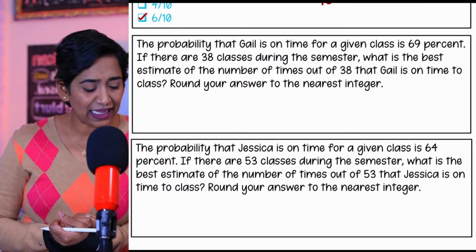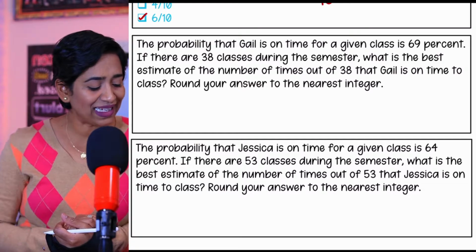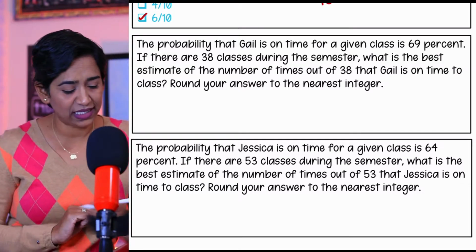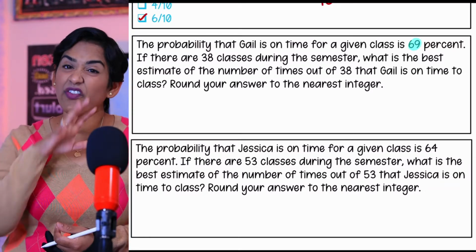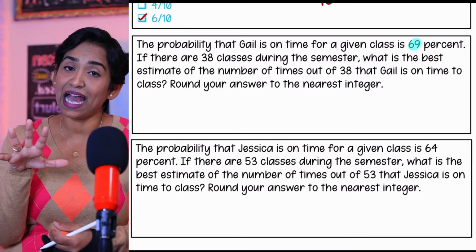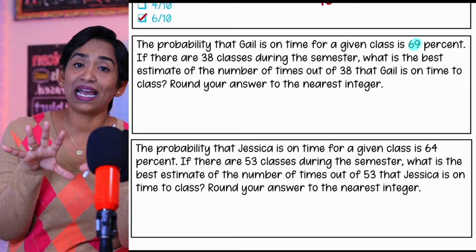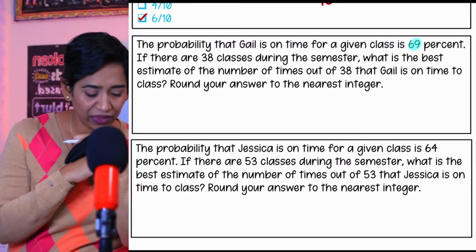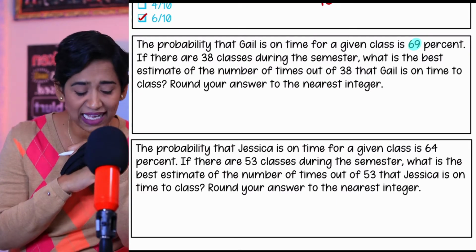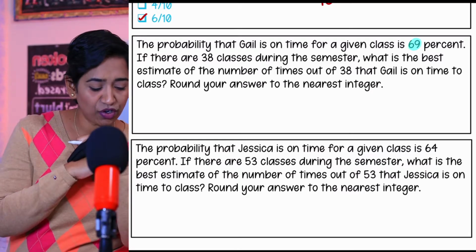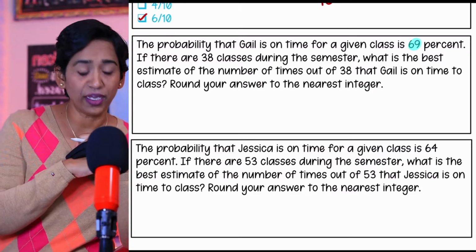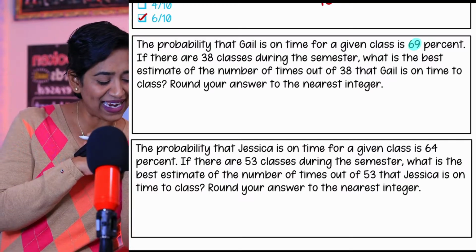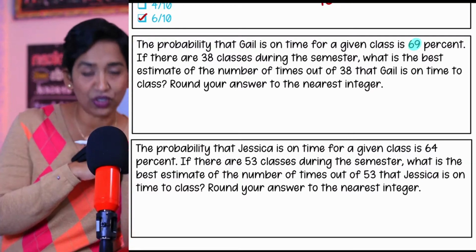The probability that Gail is on time for a given class is 69%. So out of 100 times the class happens, she only comes to class on time 69% of the time. If there are 38 classes during the semester, what is the best estimate of the number of times out of 38 that Gail is on time to class?